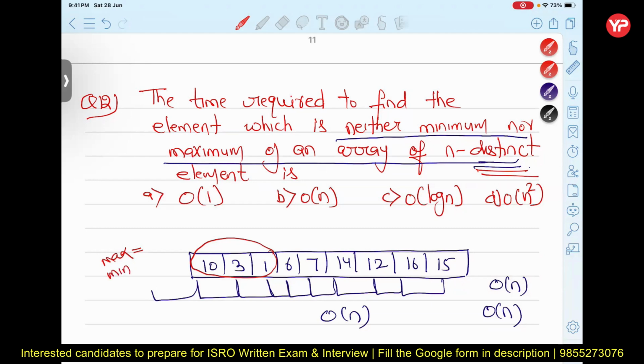Then we have a minimum element, and one element which is neither minimum nor maximum. That means you are going to write some if-else conditions, and through that you will get to know the element which is neither minimum nor maximum. So A is the right answer. You require just 2-3 comparisons.